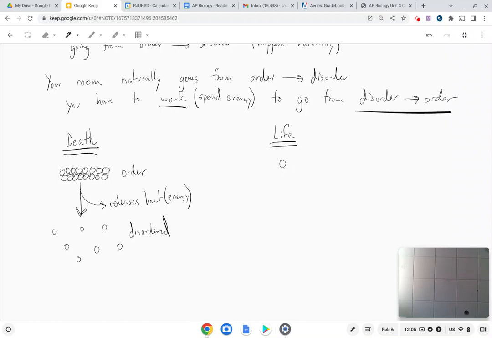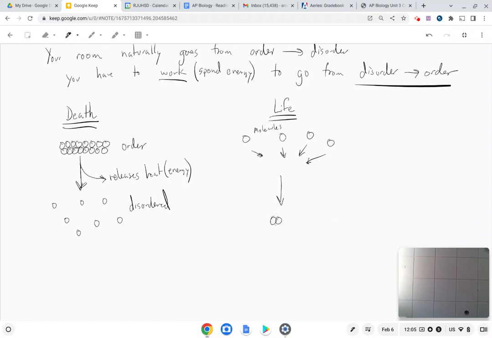And then that single cell, actually, let's think of these as molecules. Think of all the molecules that have to come together to form life, right? You got to have all these molecules joining up to produce order. And so you can think of this orderly embryo as developing. So you could think of this as like a snail embryo or something.